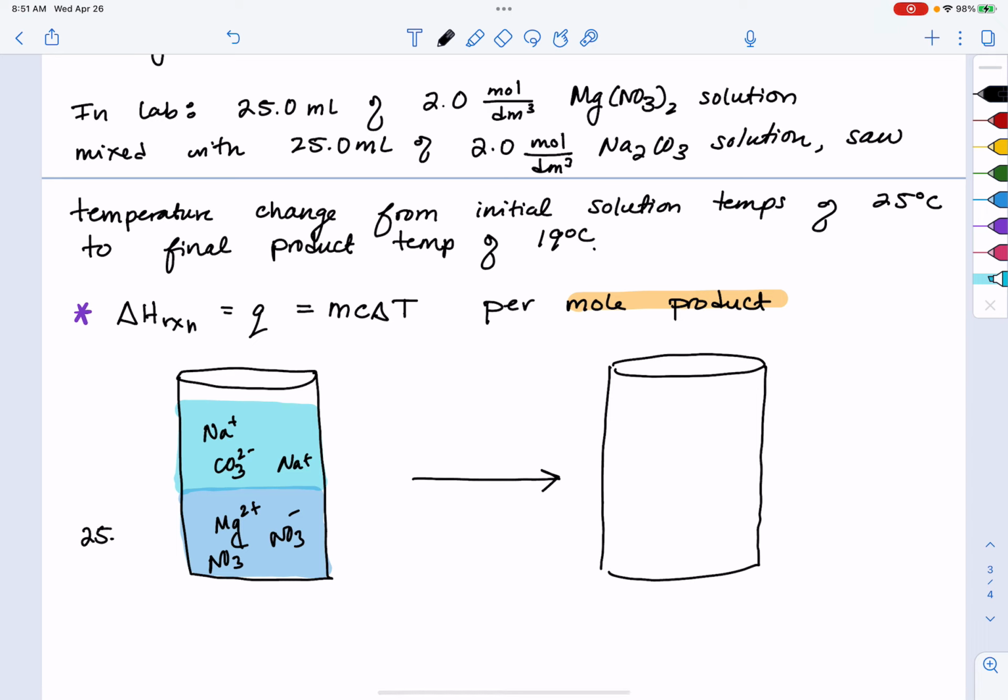So this was 25.0 milliliters, added a sig fig here. And that results in us having some new final solution where we've got our spectator sodium and nitrate. And then we have our solid magnesium carbonate.